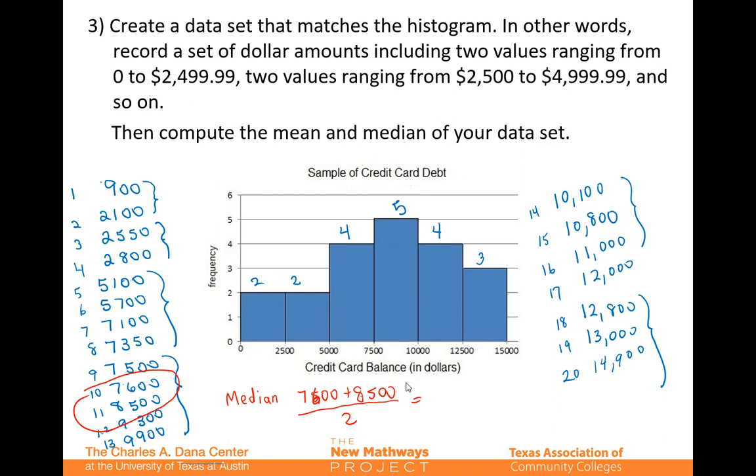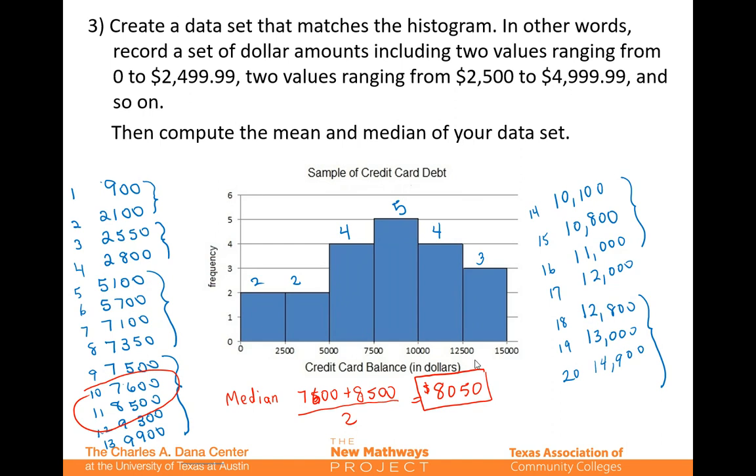And I get 8,050 is the median. So when you're looking for median, you're looking for the middle.